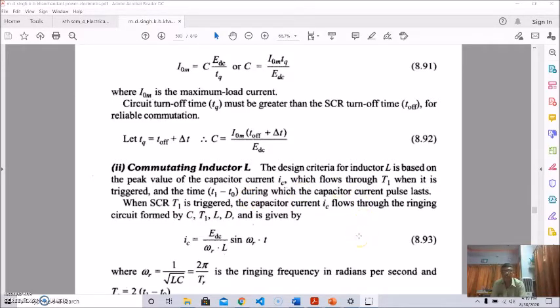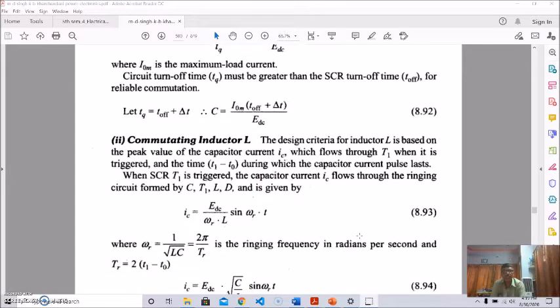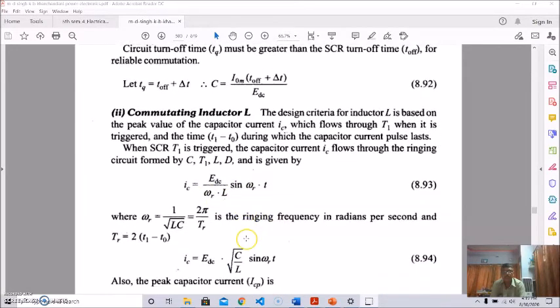When SCR T1 is triggered, the capacitor current IC flows through the ringing circuit formed by C, main thyristor T1, L and D, and is given by IC equal to EDC sine omega R t by omega R L, where omega R is the ringing frequency, 1 by root over LC, or 2 pi by TR in radians per second, and TR is equal to 2 (T1 minus T0).